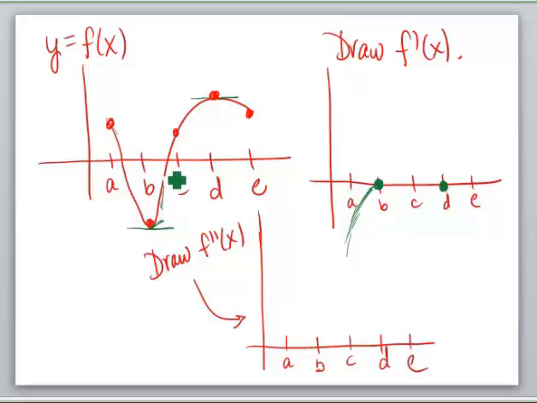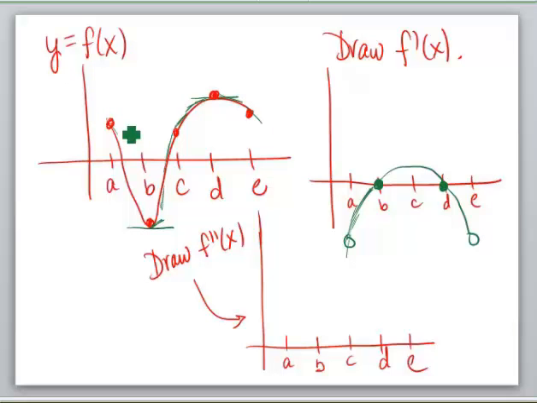And as you look here, it keeps getting steeper and steeper and steeper. And then it gets less and less steep again. So these would connect up. And then lastly, we have a little bit of a negative slope, and then again it gets steeper. So we'll go ahead and put an endpoint here and an endpoint over here, meaning the derivative does not exist at those 2 endpoints. And there is my first derivative.